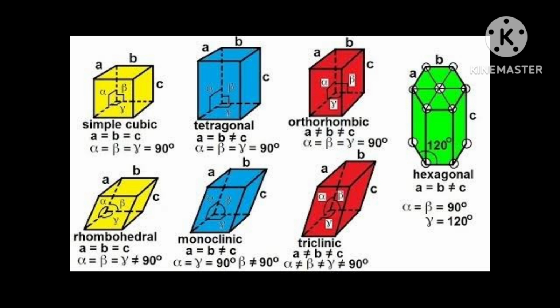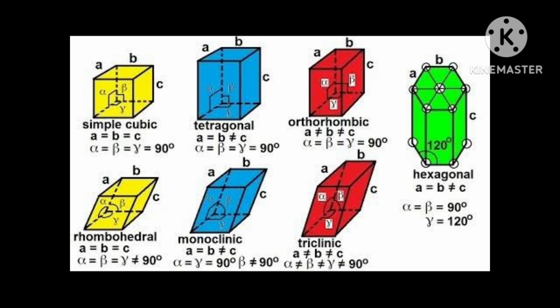Today I am going to discuss 7 primitive unit cells and their possible variations as centered unit cells. Last class I discussed primitive and centered unit cells.